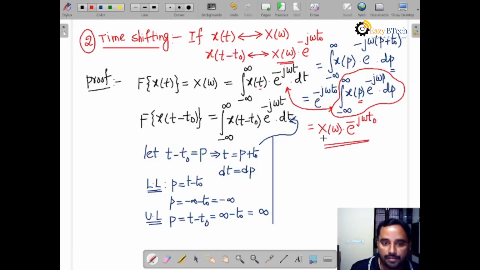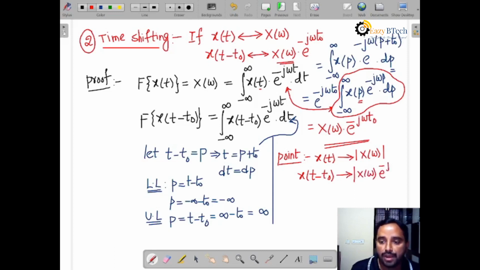Okay, right? So here I want to mention one point about the magnitude spectrum. The magnitude spectrum of x of t is the magnitude of X of omega, and the magnitude spectrum of the time shifted signal x of t minus t naught is also the magnitude of X of omega times the magnitude of e power minus j omega t naught.